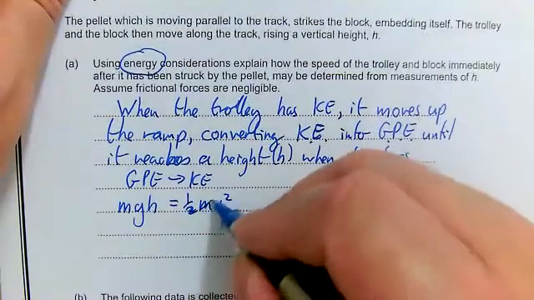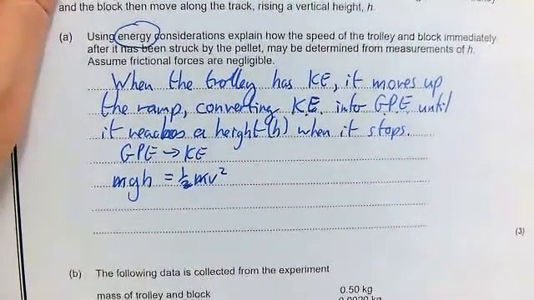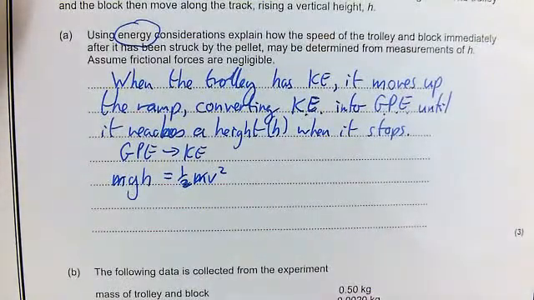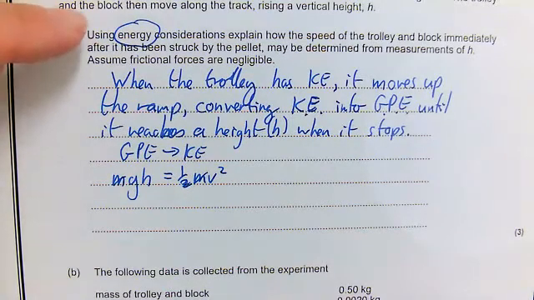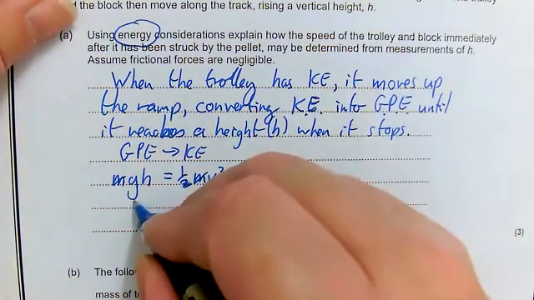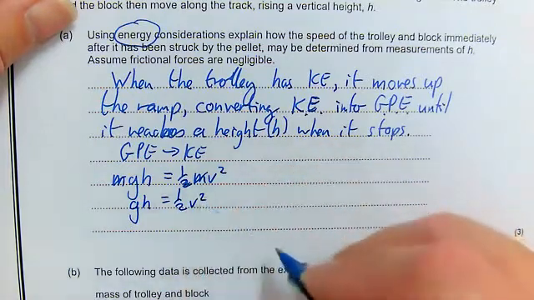First things first, we cancel out the m's. And in fact, nobody actually did this. You didn't think to derive a good equation, because it says how can we find the speed or the velocity of the truck. So we end up with gh equals 1/2 v squared.